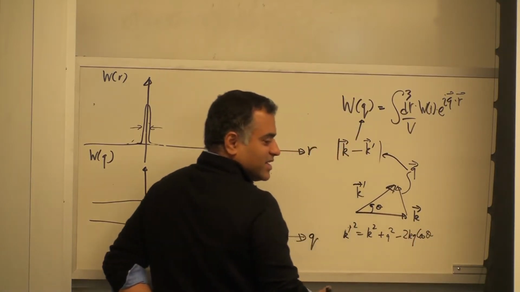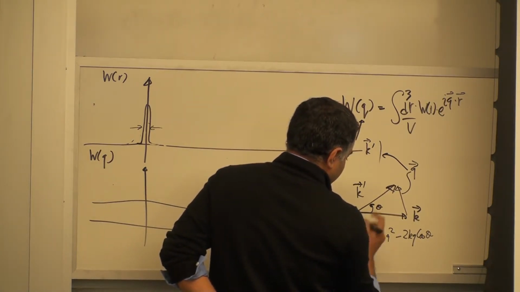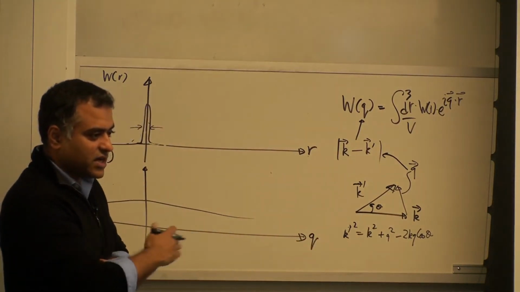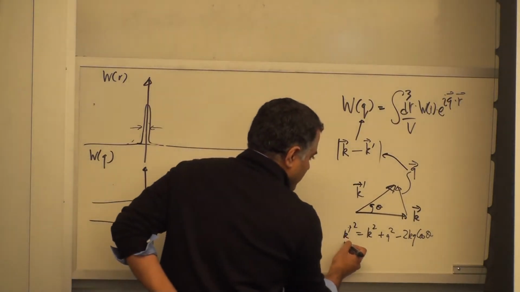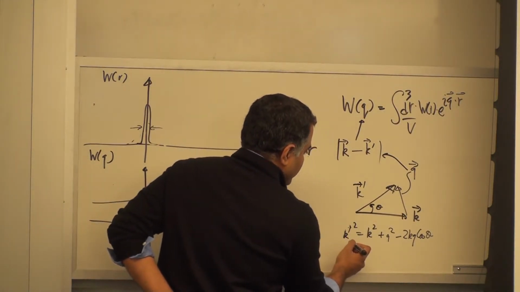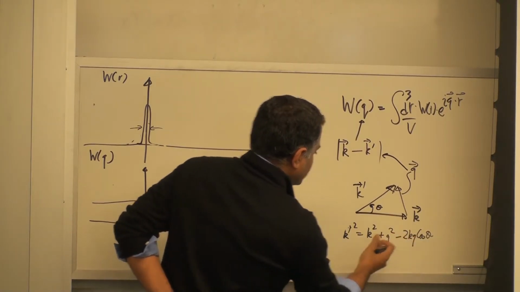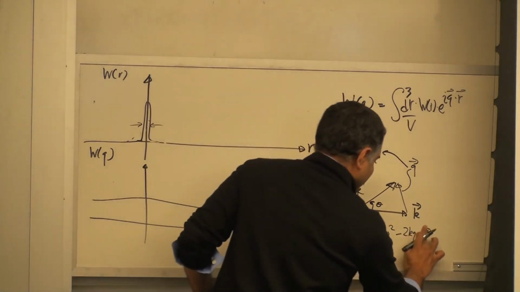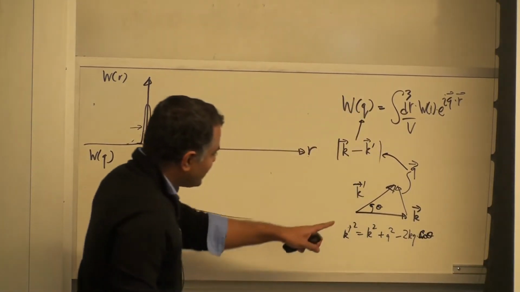If the kinetic energy is not changing and you're just changing the momentum, this is an elastic scattering mechanism due to Coulomb impurities. So this should be cosine, okay, cosine then.